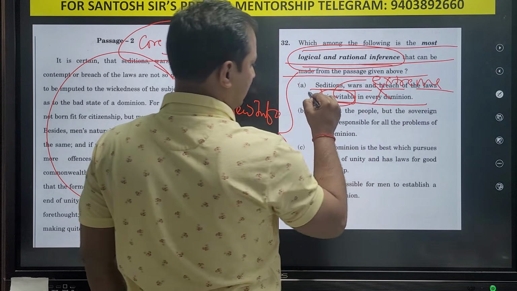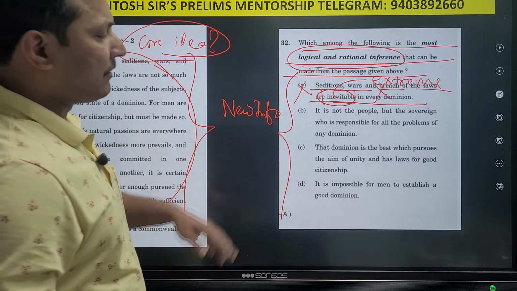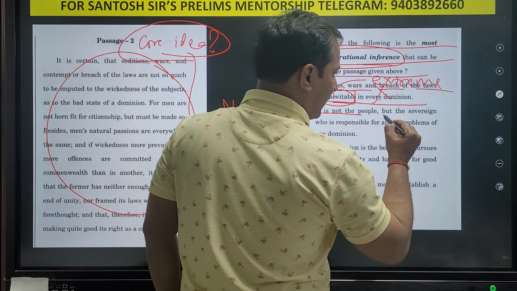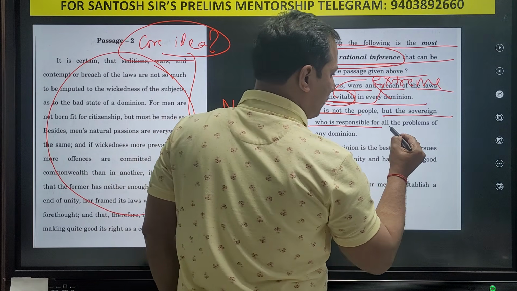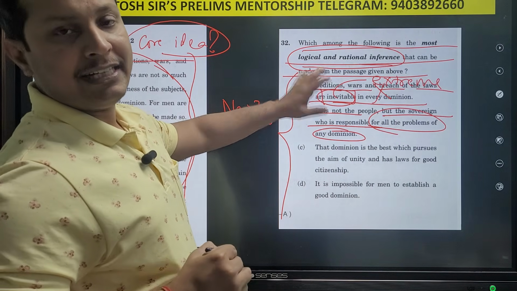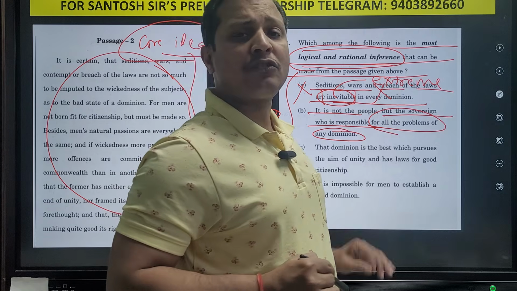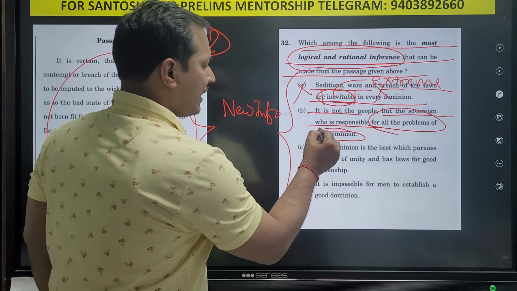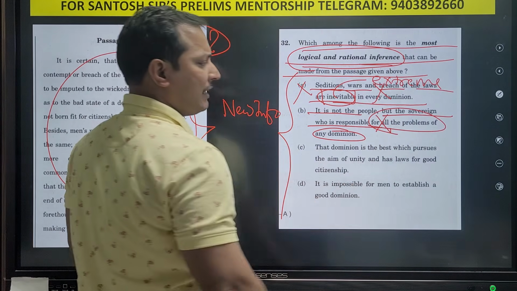Eliminate that. Second statement: it is not the people but the sovereign who is responsible for all the problems of any dominion. Again, all the problems is an extreme phrase. Eliminate that.